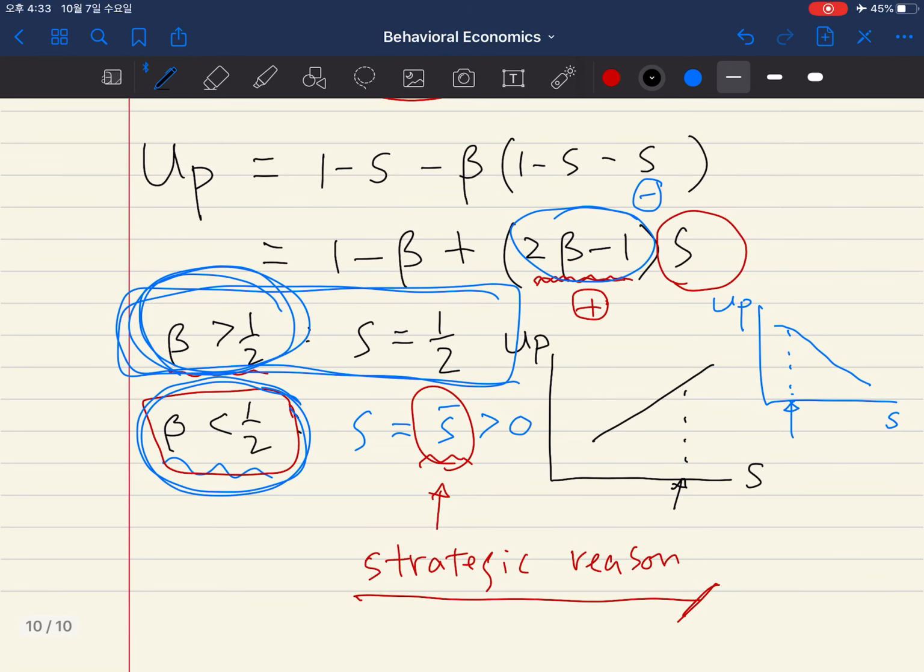So the proposer can anticipate the responder's behavior.